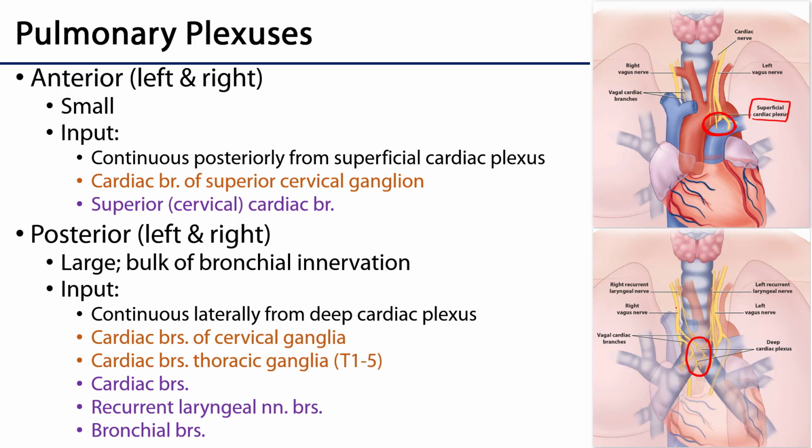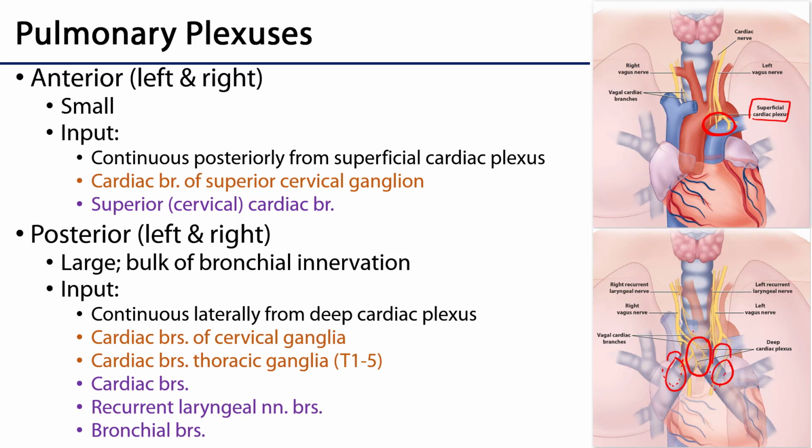And the pulmonary plexuses are going to be found straddling the roots of the lungs and will be both anterior and posterior to those roots of the lung.